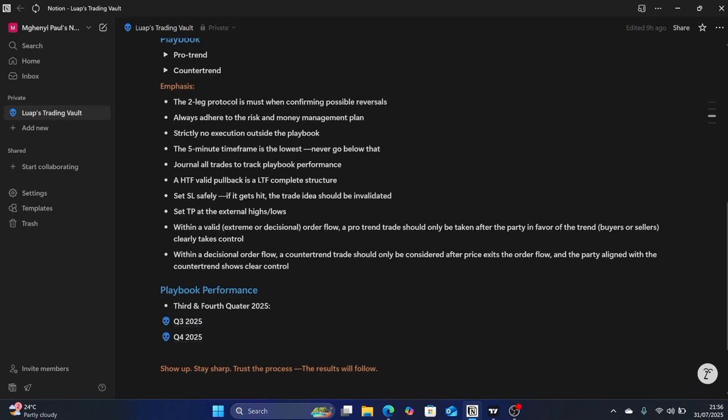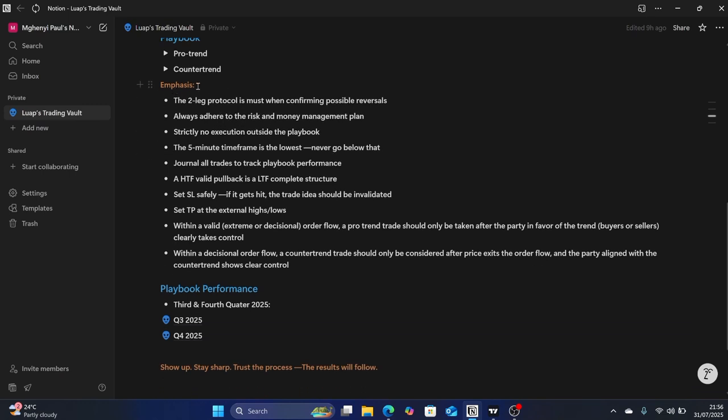All right, then there is the emphasis. These are just trading rules, things that you usually follow that are based on your system. Strictly no execution outside the playbook. If they do not meet, so let's say I get a trade from the first leg and I usually take starting from the second leg, I will not take that trade even if I see a rejection from the high time frame POI.